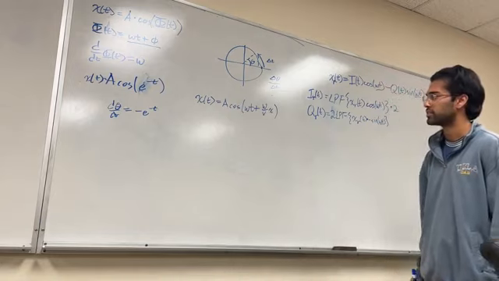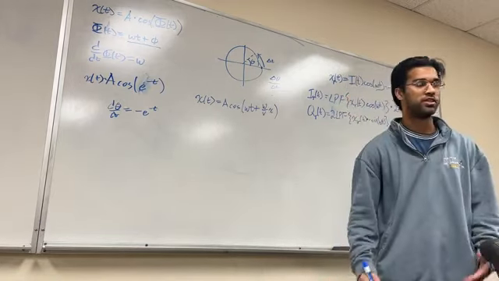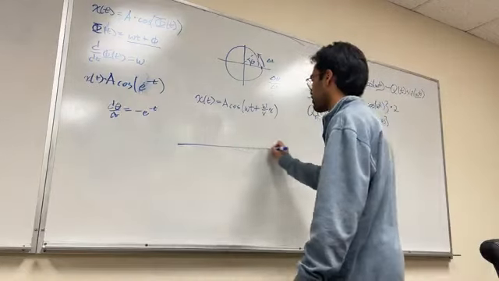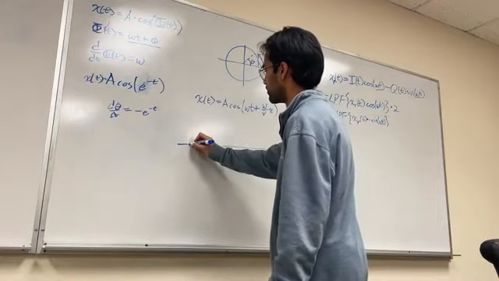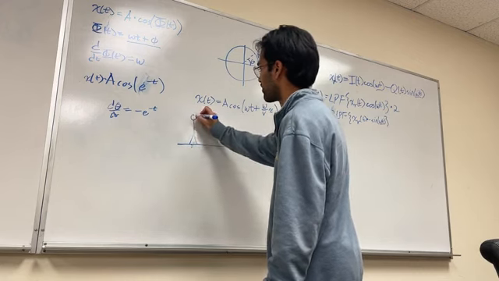Okay. So a real example of this would be, say you're standing at some point here in space, and here, we'll make this Prem standing right here.